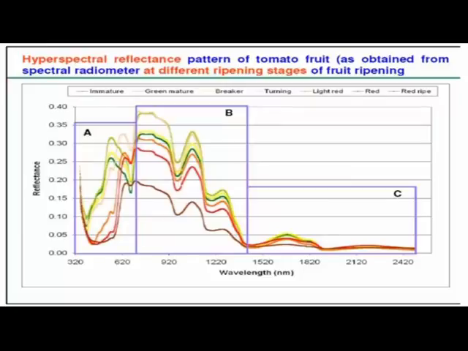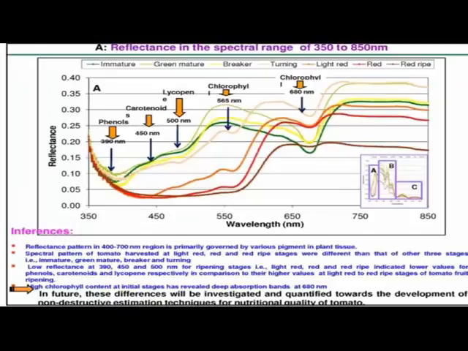What it indicates is, if you divide them into three regions like visible, near infrared, and SWIR ranges, and you look at the visible ranges, what's happening is that this pattern of the tomato in different stages is governed by all these pigments, all these biochemical parameters. For example, phenols, lycopene, chlorophyll, carotenoids.